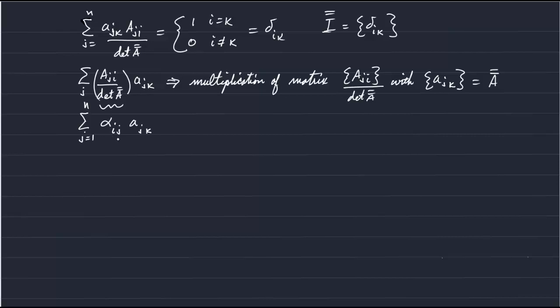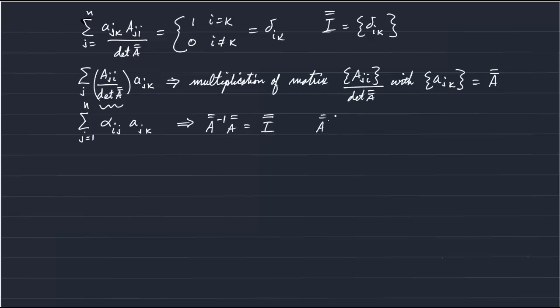So I'm multiplying each element of the ith row with each element of the kth column, and I'm summing. And so this, therefore, is the product of the inverse matrix with A, which gives the identity matrix.